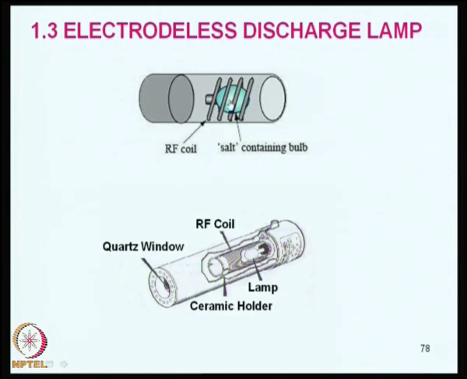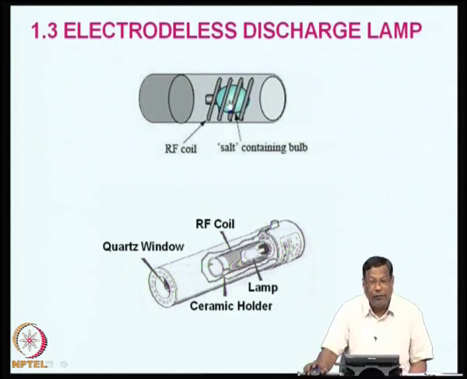So, now we will move on to electrodeless discharge lamps, another source. This is the picture of an electrodeless lamp. What we have here in the slide is a material which is put in this green region, and then it is surrounded by an RF coil.